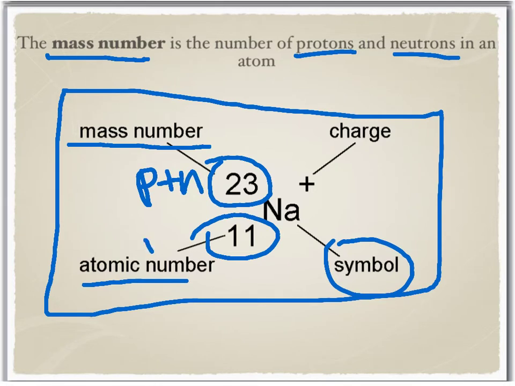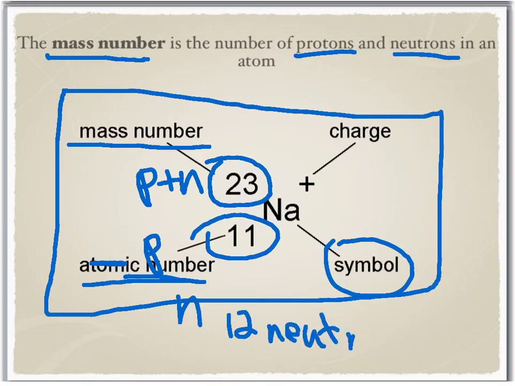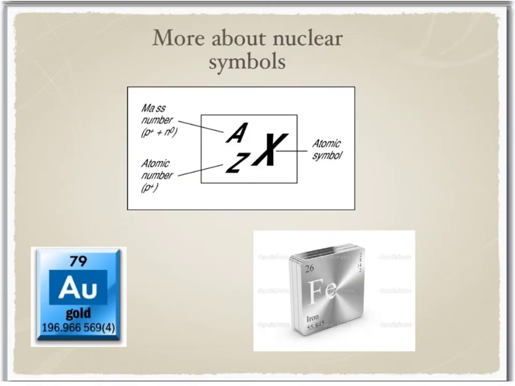And if the atomic number is the protons, obviously the difference between the two is the number of neutrons. So this sodium, 23 minus 11, would have 12 neutrons. Something else that you may notice is a charge, which is written to the upper right, and we'll talk more about that later.